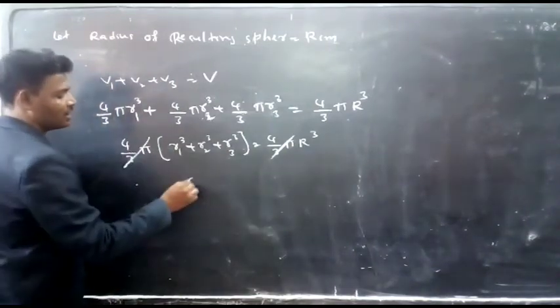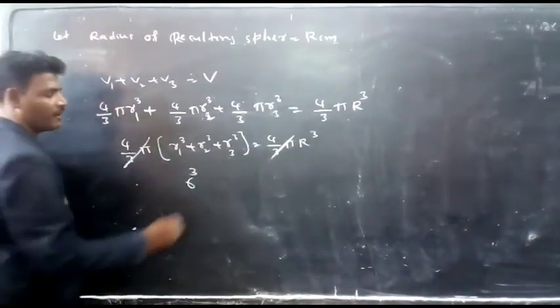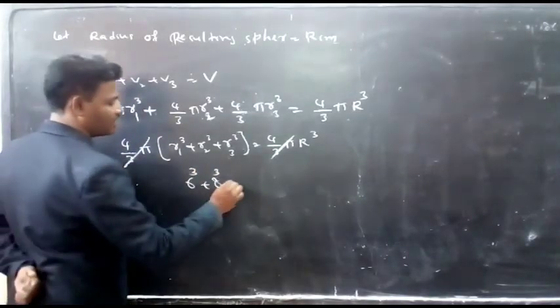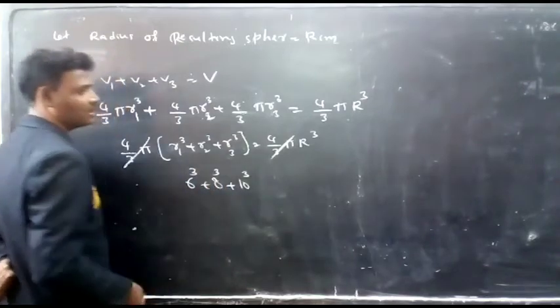R1 means radius of the first sphere, R2 radius of the second sphere, R3 radius of the third sphere.